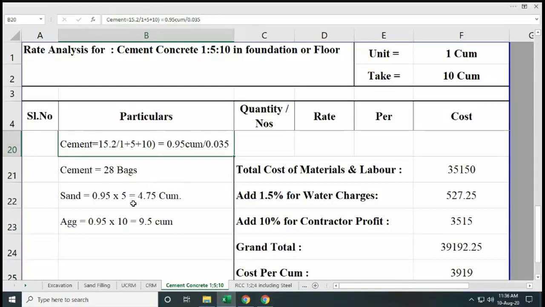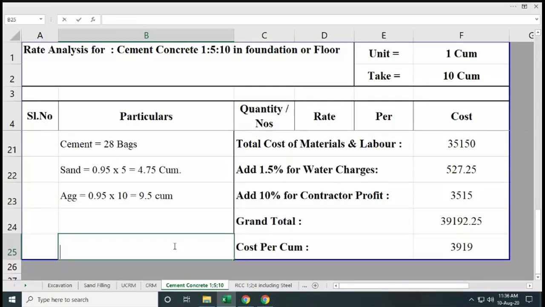The sand is in cubic meters, 4.75 cubic meters. You convert it to brass and you can tell them that this much brass of sand is required. Similarly, you can calculate aggregate 9.5. So 4.75 multiplied by 35.28. Why 35.28?